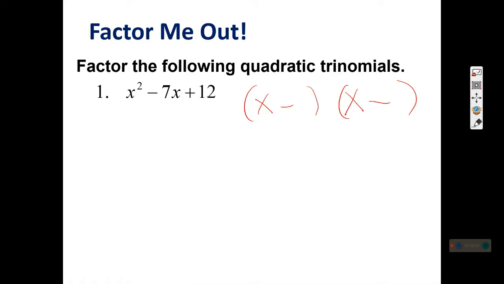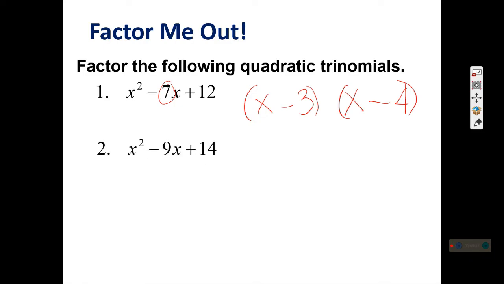And since we have positive 12, you are going to think of factors of positive 12 which have a sum of negative 7. Yes, you're right. You are going to use 3 and 4, so negative 3 and negative 4. So, the binomial factors will be x minus 3 times x minus 4, or you may also have x minus 4 times x minus 3.